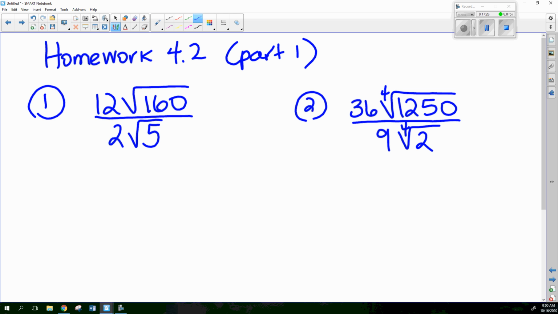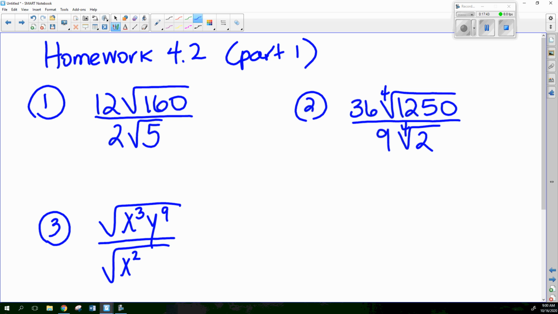Okay. All right, so there's the first two. All right, here's the next one. All right, that one I just talked about with a big radical, I'm going to do that one.